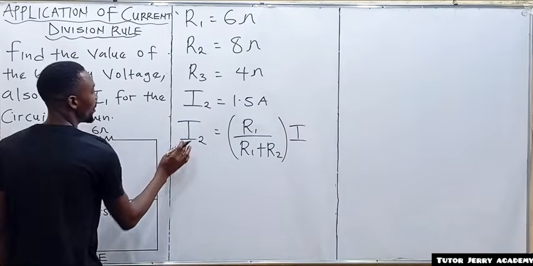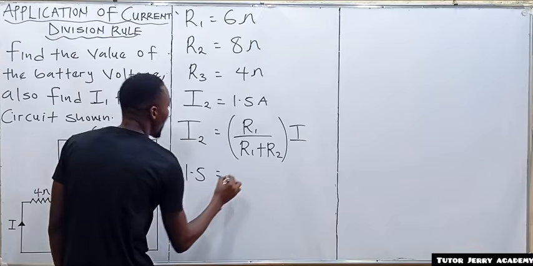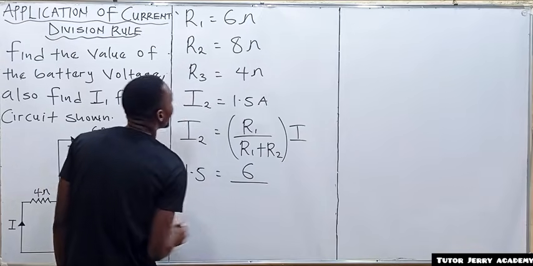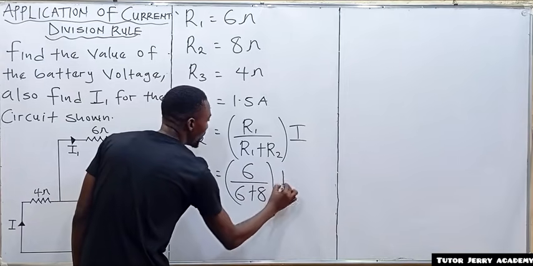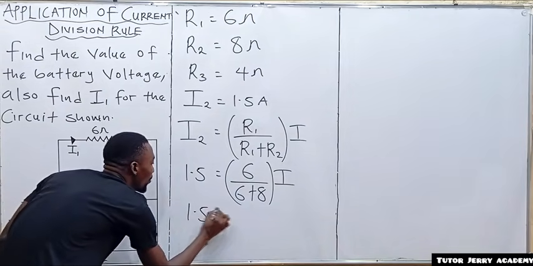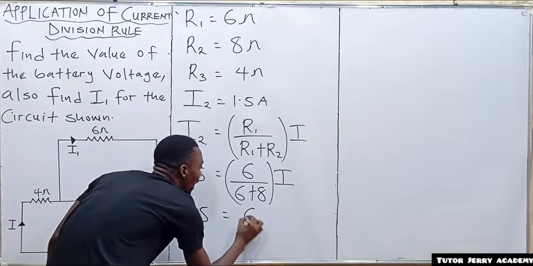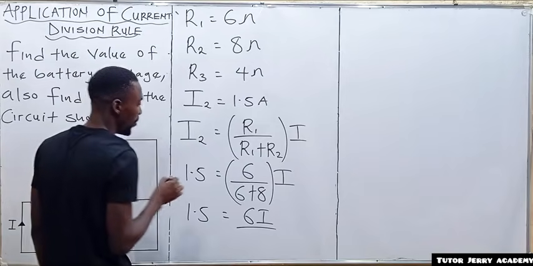We know that this value is 1.5, which is equal to R1, which is 6, over 6 plus 8, multiplied by I. So 1.5 equals 6I over 14, since 6 plus 8 is 14.